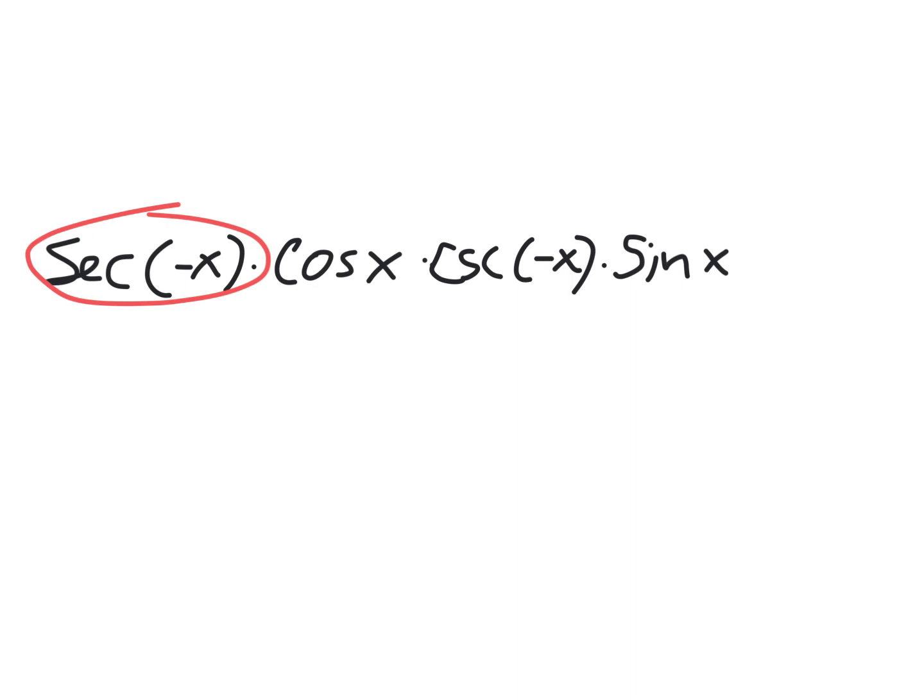Addie, can you tell me something on the sheet that's the same as secant of -x? Yep. Regular secant of x. Now, strategically, right now, I usually say change everything to sine and cosine. But do you get it would be legal for me to change cosine into 1 over secant?